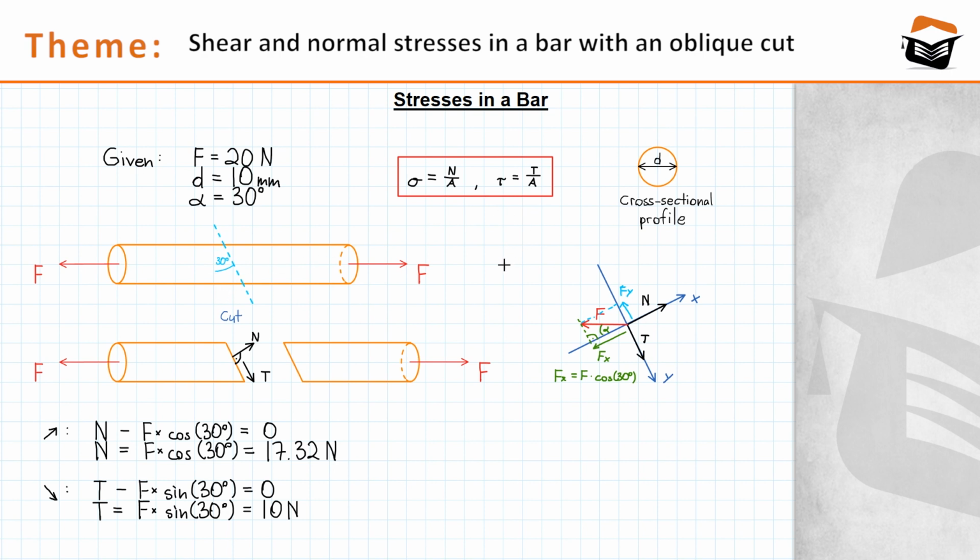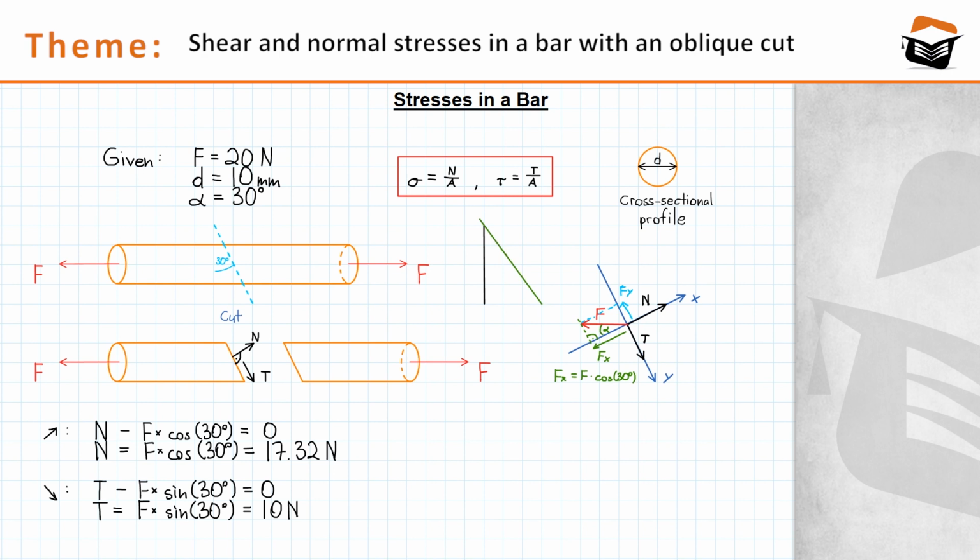So let me illustrate it here. If you make a vertical cut, let's say your area is gonna be this one, but if you make an oblique cut at an angle of 30 degrees to the vertical, you're gonna end up with a cross-sectional area that is bigger than in the purely vertical case.